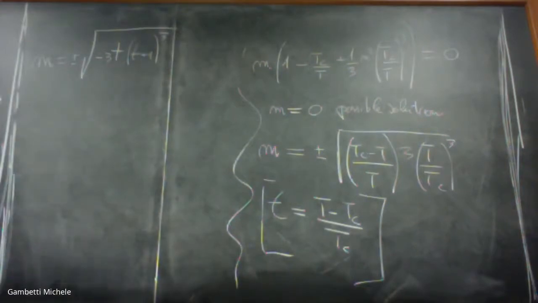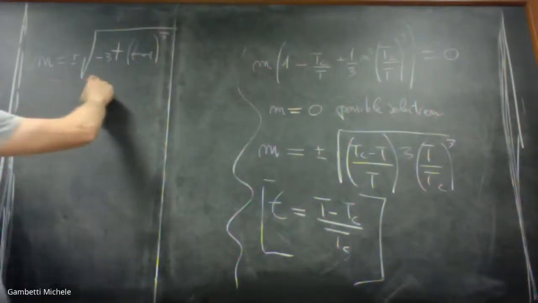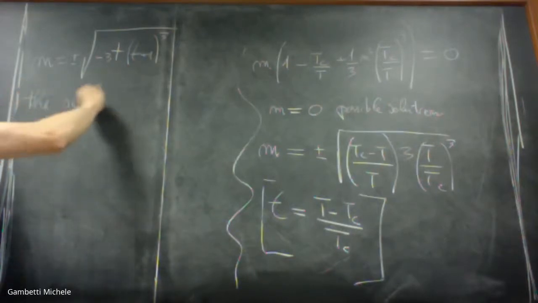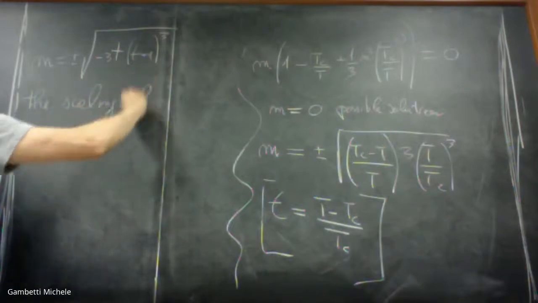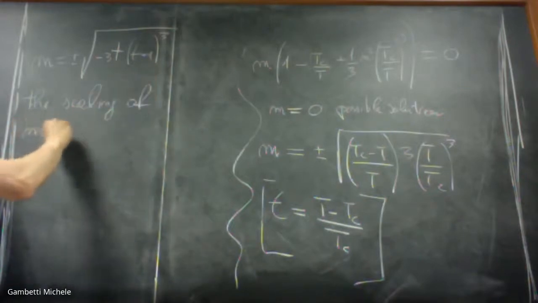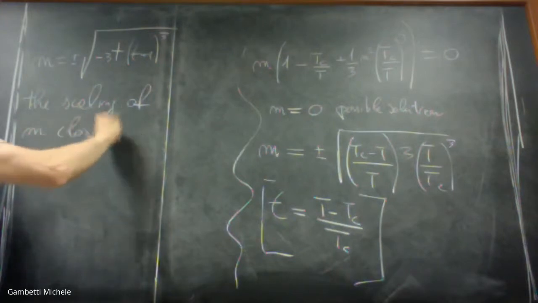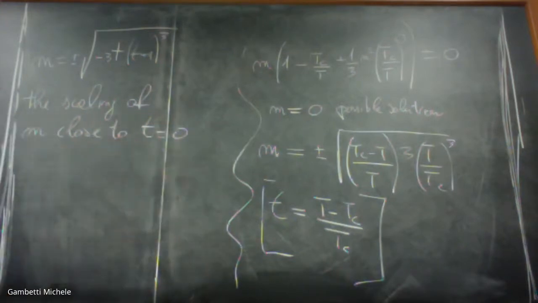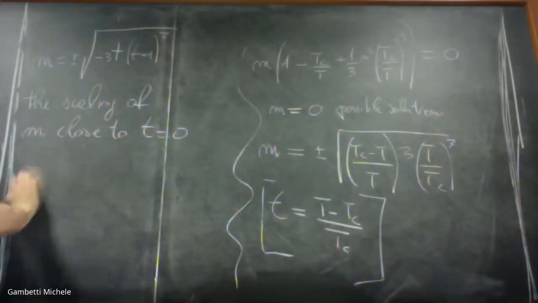Now, what is important in general when dealing with critical phenomena is the behavior of M, or better to say, the scaling of M, the magnetization, close to the critical point, which in this case is provided by the following formula.